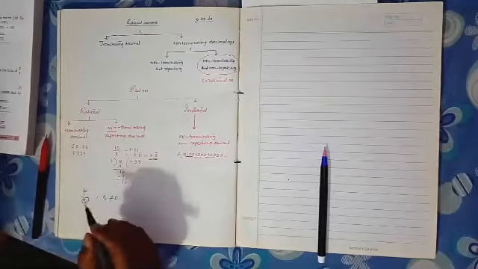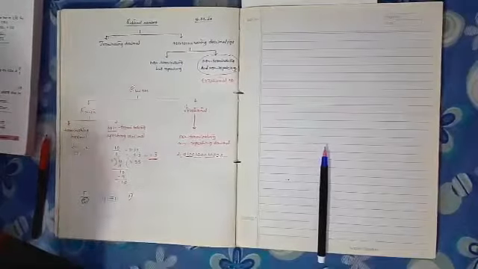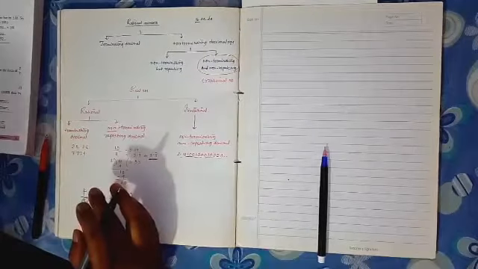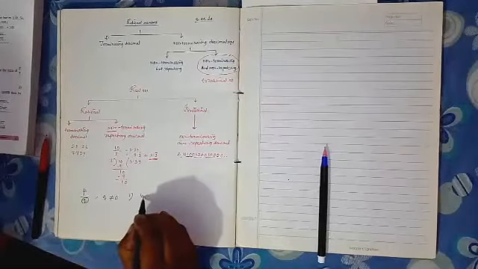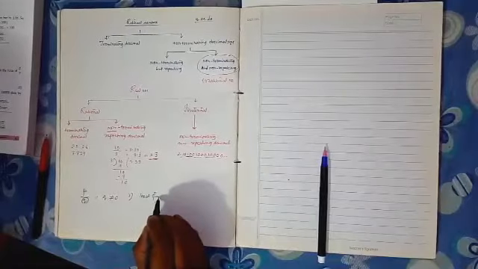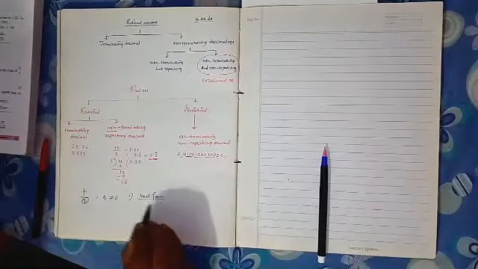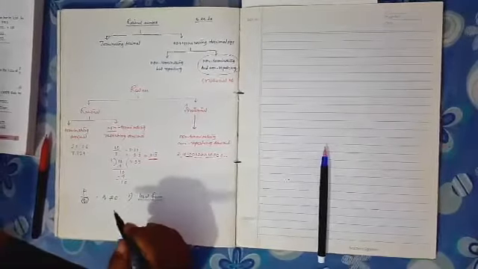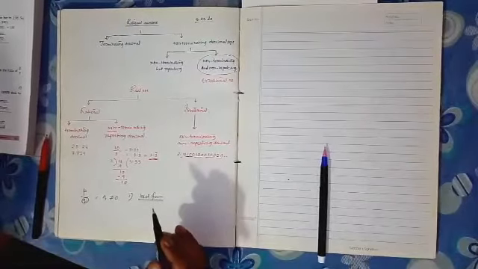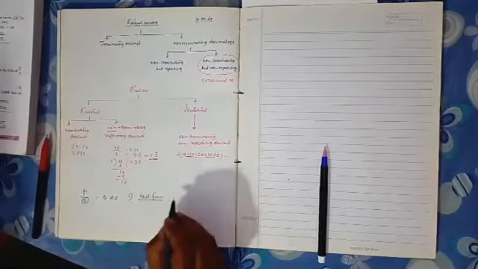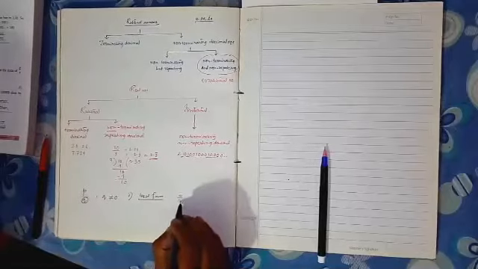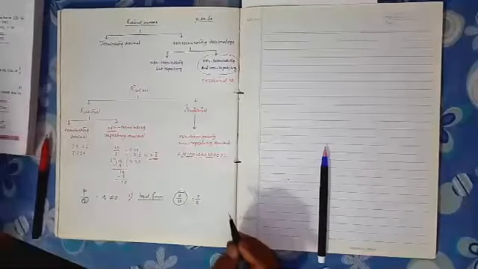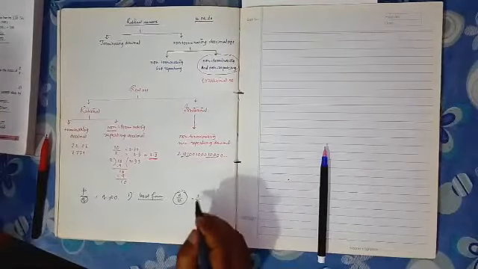Now first, number 1 to be noted: p by q, this fraction must be in lowest form. Lowest form means no more cancelling is possible. Suppose you are given 6 by 10, but this is not in the lowest form. It is 3 by 5, so this is in the lowest form, because no more cancelling is possible.